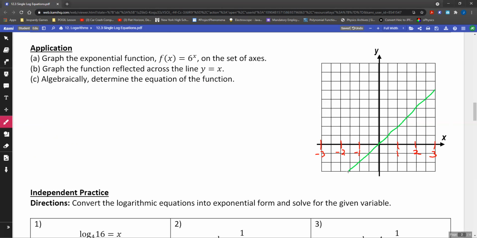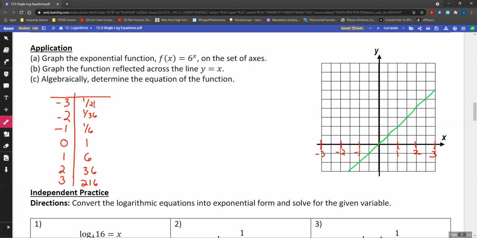So going between this range, when it's 3, it's equal to 216, 36, 6, 1, 1 over 6, 1 over 36, 1 over 216. So I'm probably not going to be able to graph x equals 3.